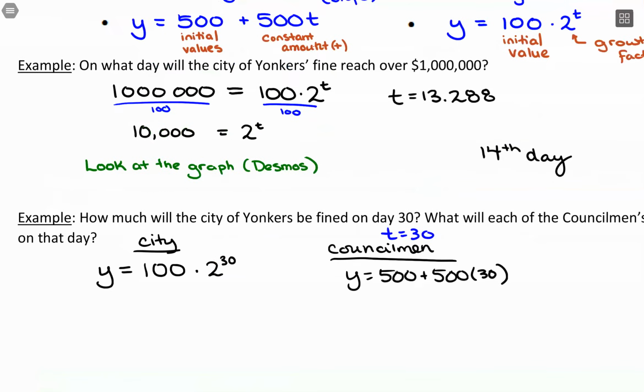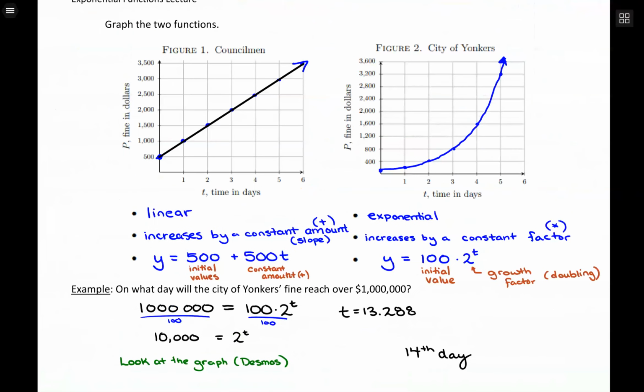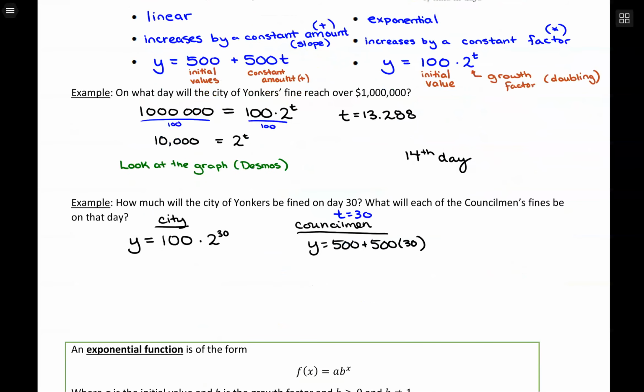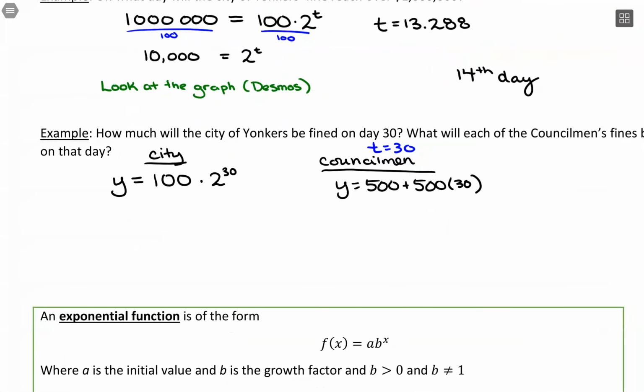This is growing exponentially, as we can see from the end of our graphs, and it's going to keep growing so fast, where this is just going at a constant rate. Not slowly, but slower than exponential. So while we're just seeing a glimpse to day 5 here, or even day 6 almost, going to day 30, these are going to be very different values. So we're going to need a calculator to help us out here.